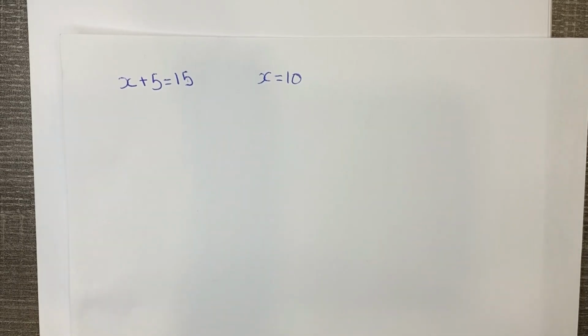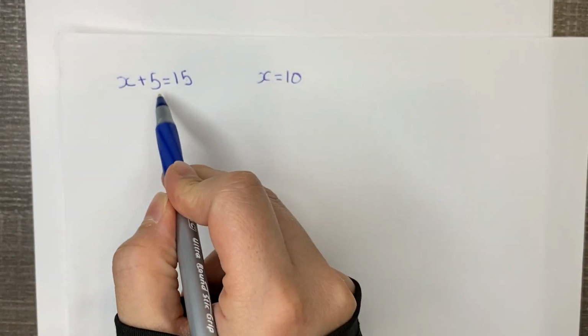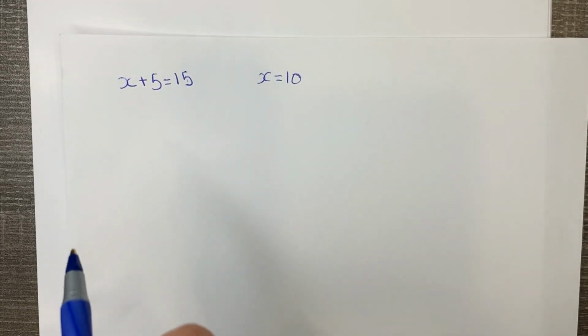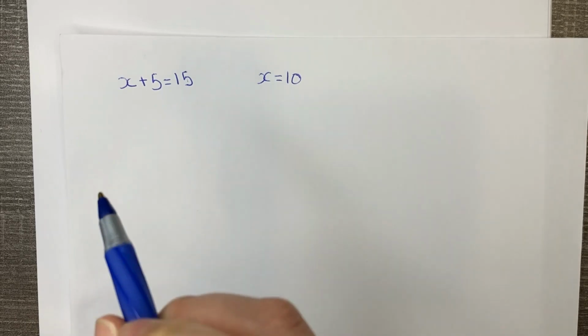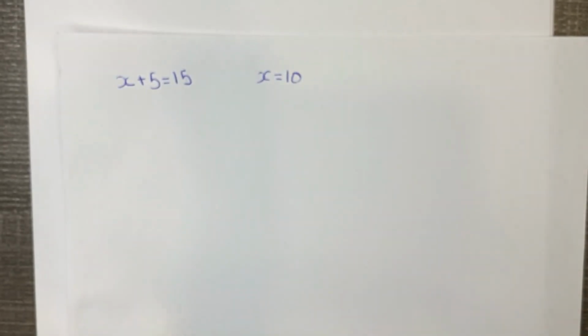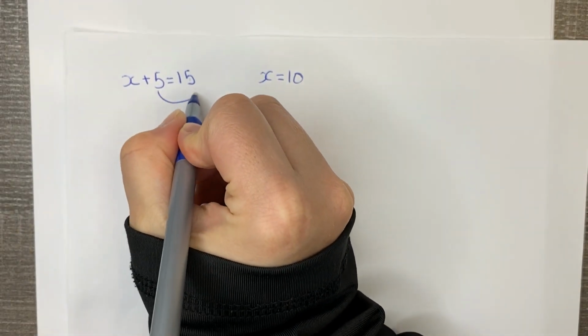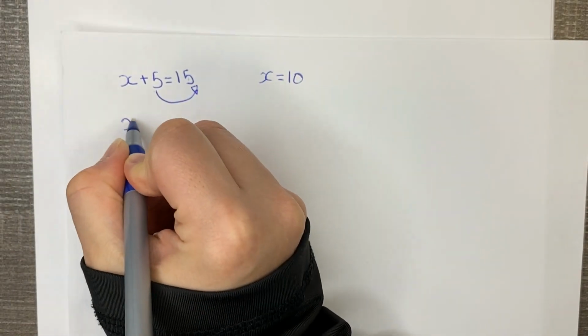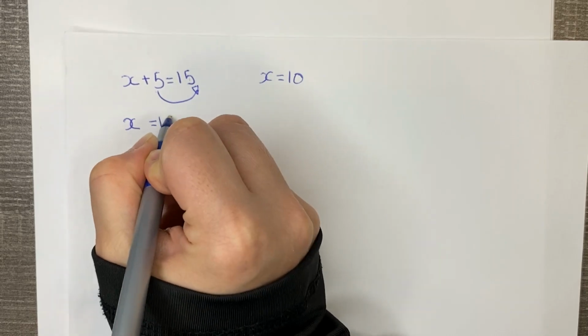Now, how we're going to do this, I'm going to explain it using two ways. The simple rule is when you have additions and subtractions, in this case, we have an addition of 5, you move it over to the other side, and once it crosses the equal sign, which I'm going to refer to as the bridge, you need to change its sign. So we're going to take the 5 and move it over to the 15. x is equal to 15.